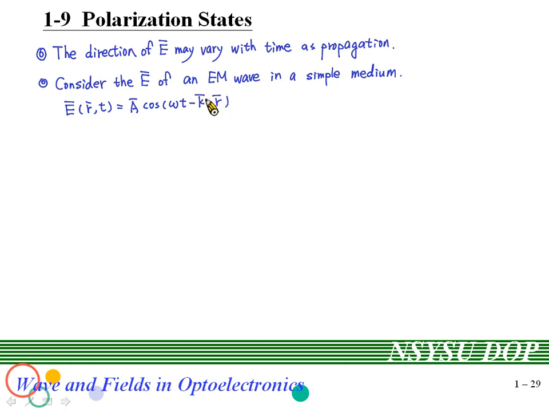And we all know that the k vector here represents the wave number vector, which is the direction of the wave propagation. And as a result, we know that in space, the direction of k should be perpendicular to the direction of E. So k vector dot E will be 0.